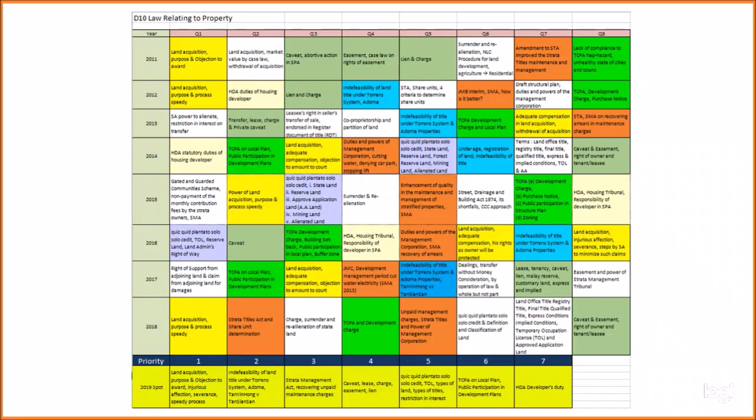Third is strata title, strata management, those related to strata property. So it involves the MC, the management corporation. This part is maintenance charges. People don't pay maintenance charges. Can you cut off the water or not? Because for strata property, usually the big pipe comes from the water supply to the condominium, and then each individual house is given a meter.